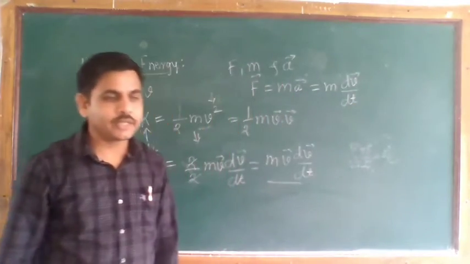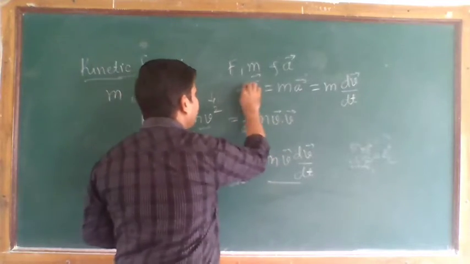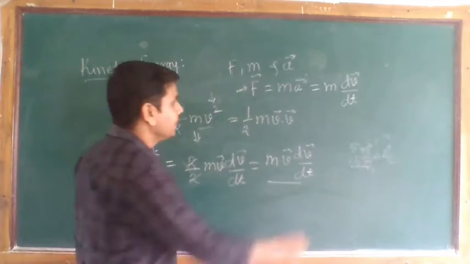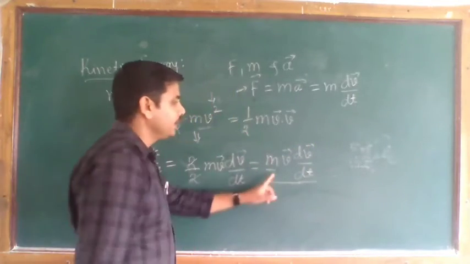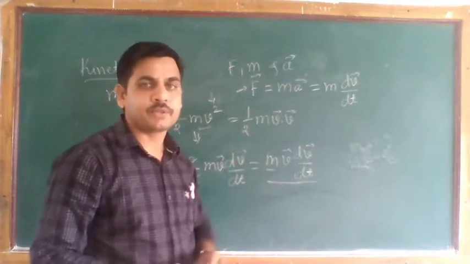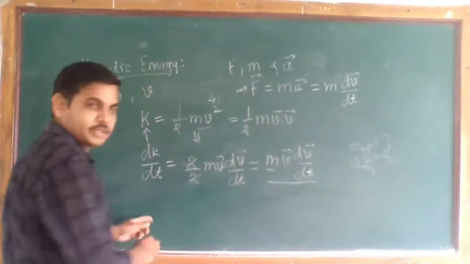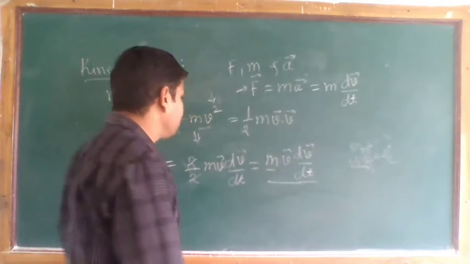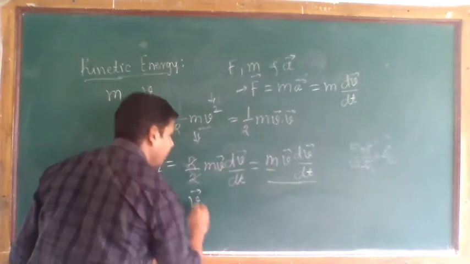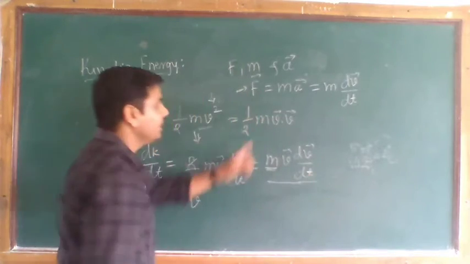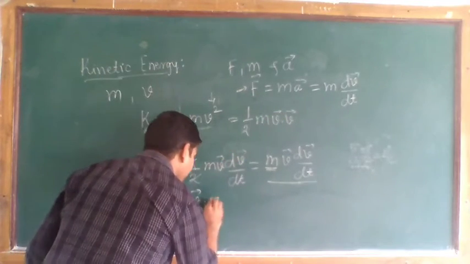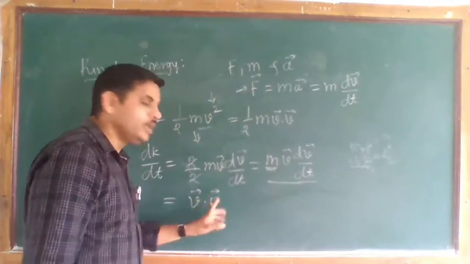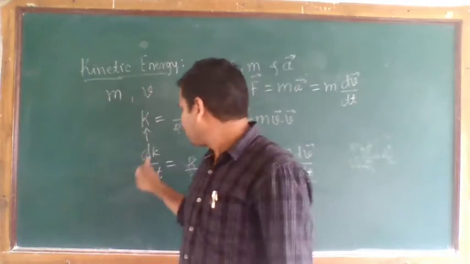Now you can put this value of the force in your equation. In place of m dv by dt we can write F. So you get dK by dt, which is nothing but v dot F, the rate of change of kinetic energy.